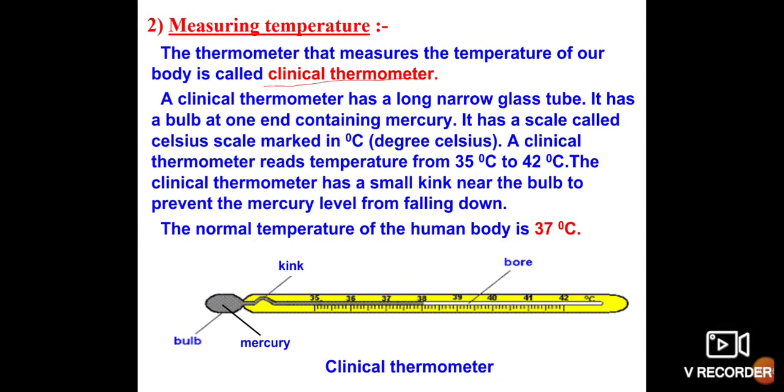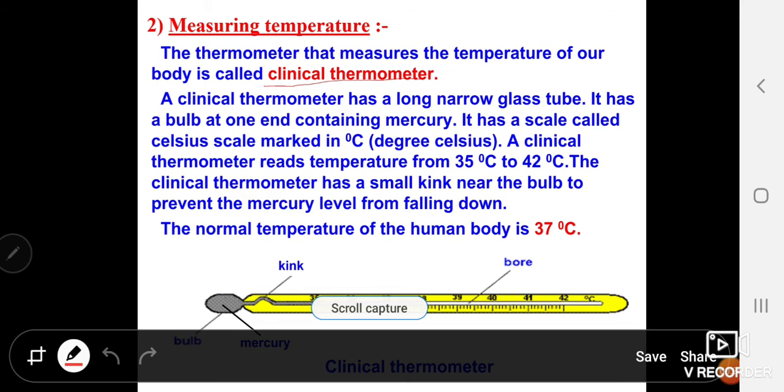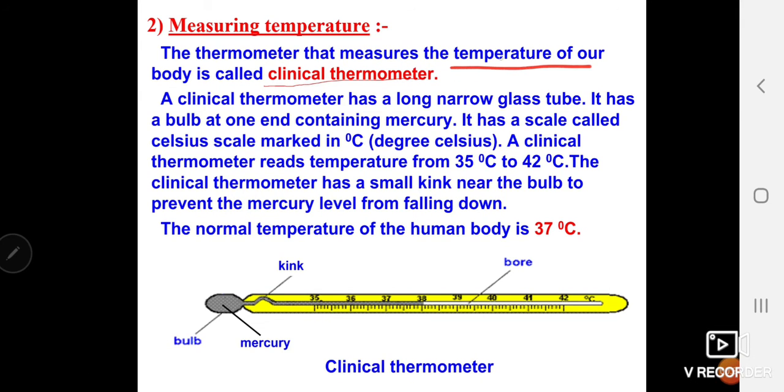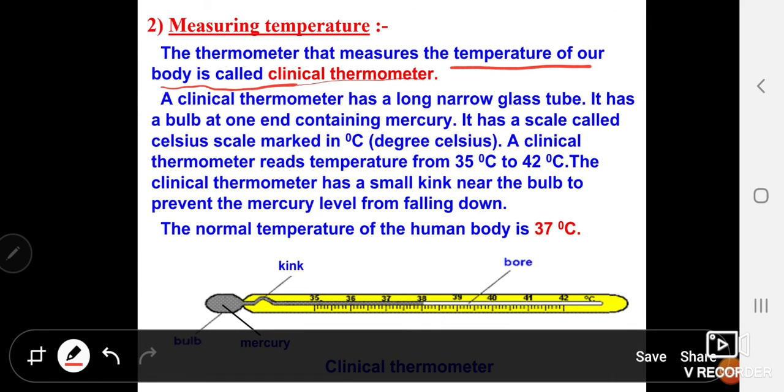What is the meaning of clinical thermometer? Whatever thermometer is used to measure the temperature of the body is called a clinical thermometer. Just to measure the temperature of any body, such a thermometer is called a clinical thermometer.